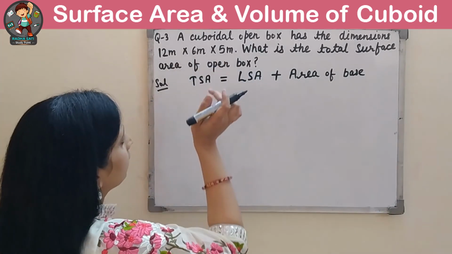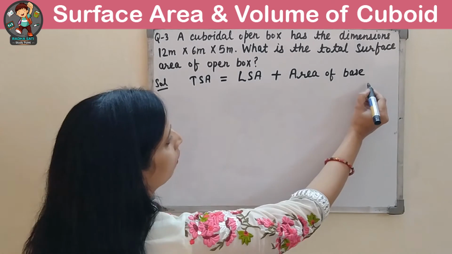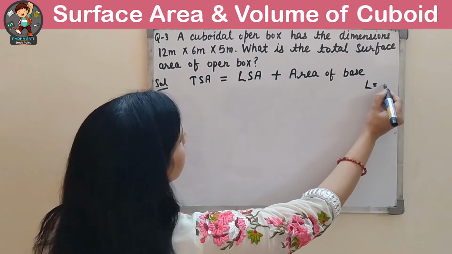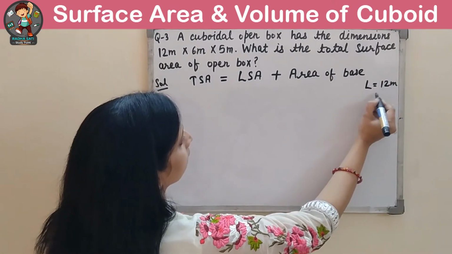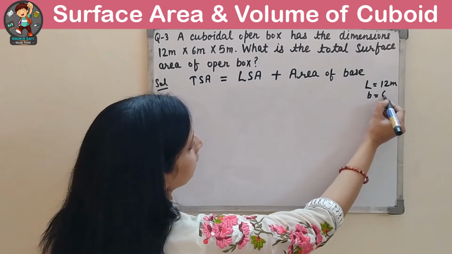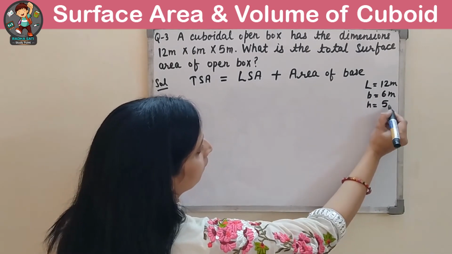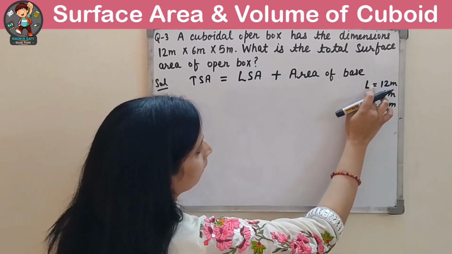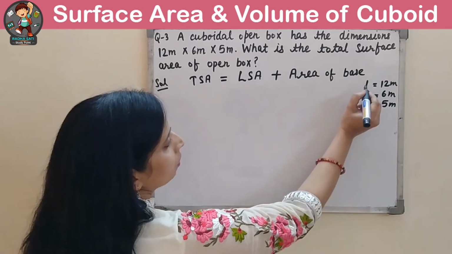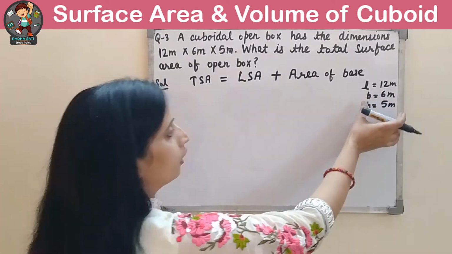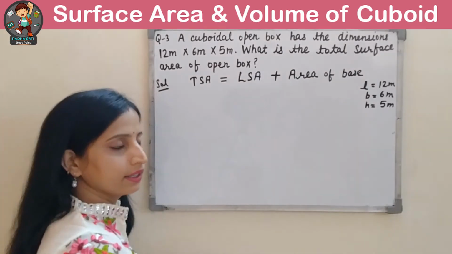Here length is 12 meter, breadth is 6 meter and height is 5 meter. Okay. So now we will put these values in this.